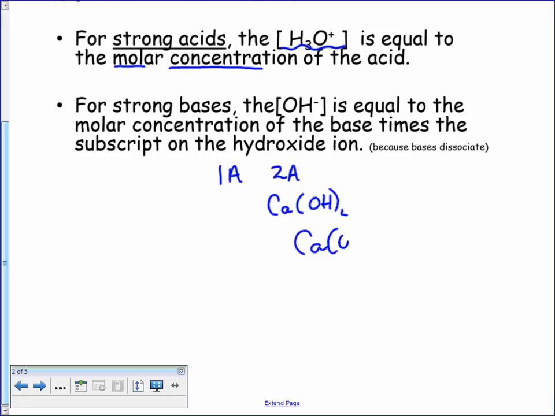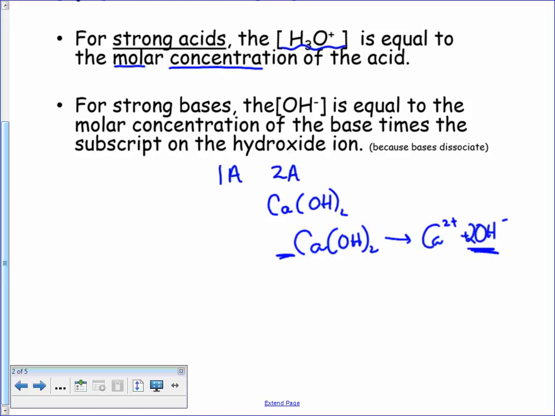In the water, the calcium hydroxide dissociates into calcium ion and hydroxide ion, and that makes 2 hydroxides for every 1 calcium hydroxide. So sometimes we're going to have to take the concentration of the strong base and multiply it by 2.